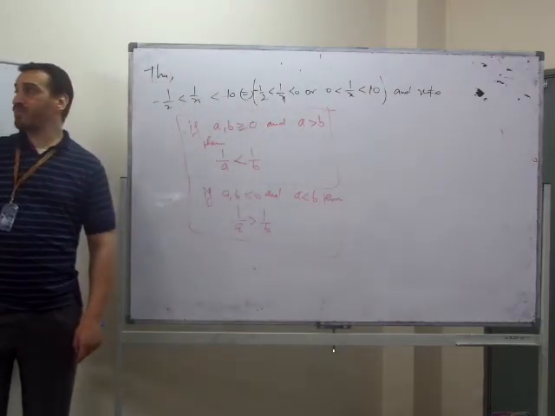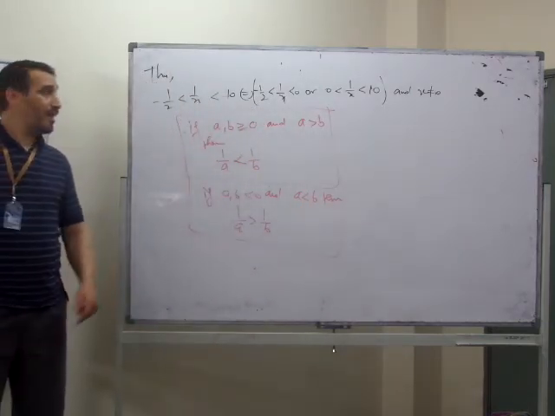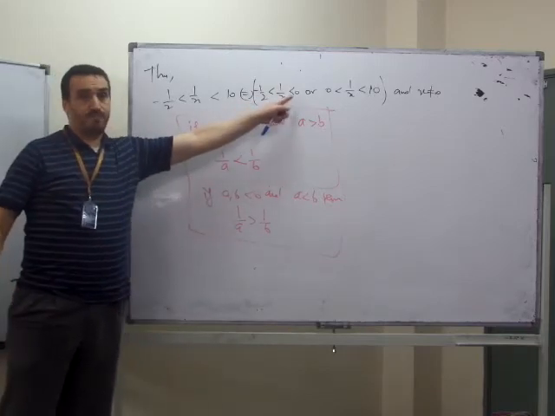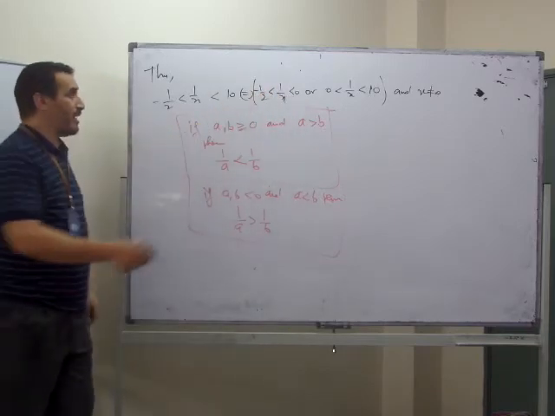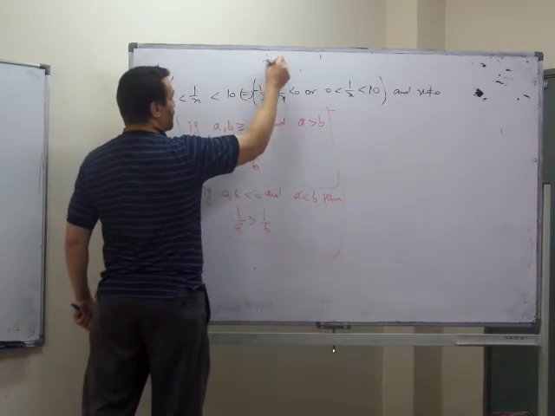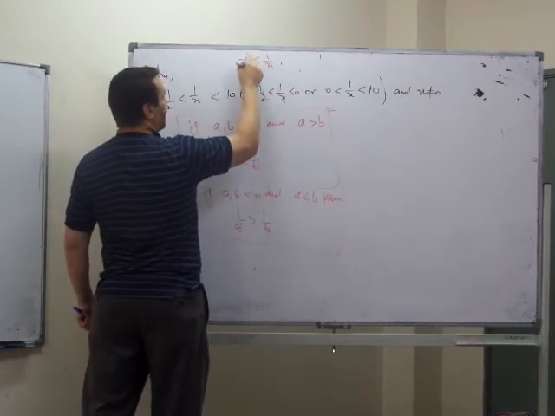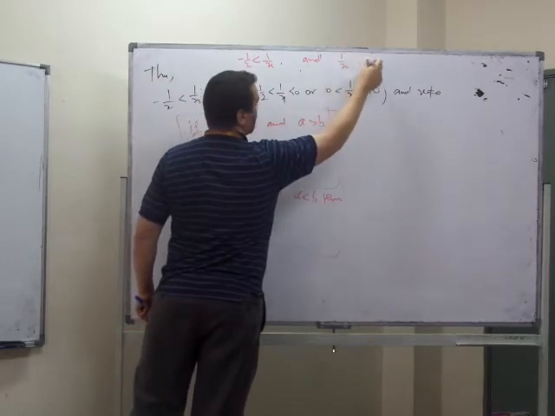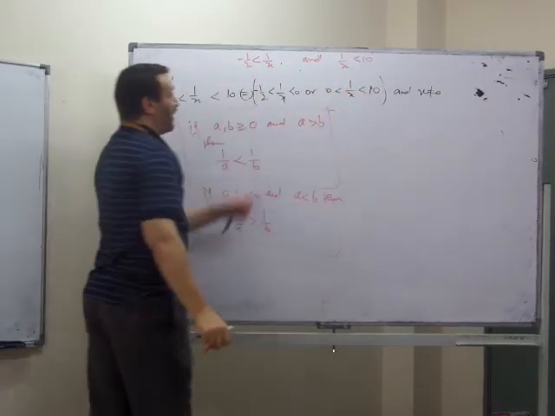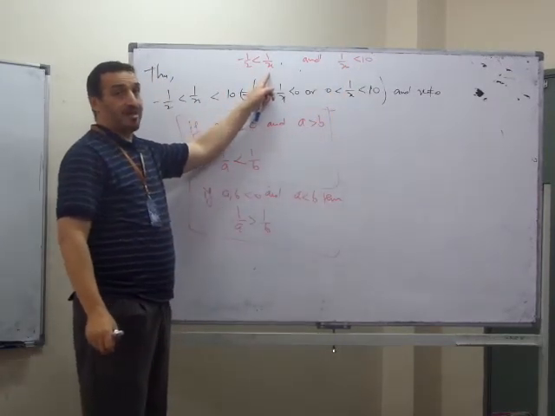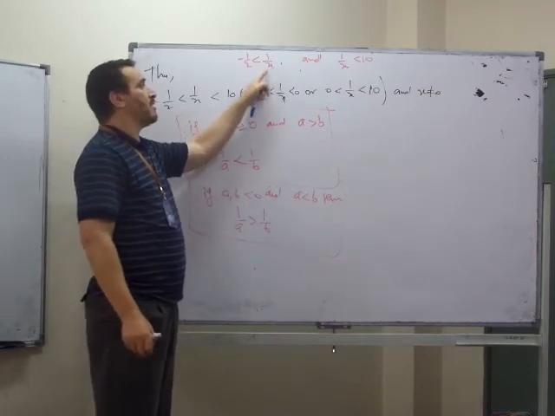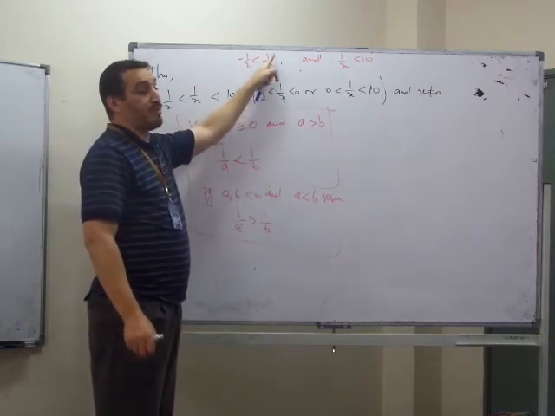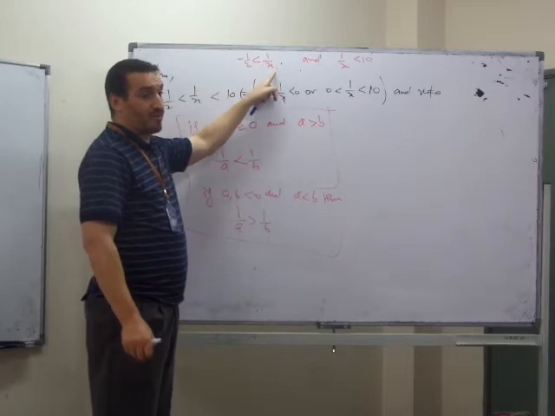The problem with the previous question was that I didn't have this information. Previously, we had something like this: 1 over x bigger than negative half, and 1 over x less than 10, and x is in R. In this case, this quantity can be either positive or negative, right?